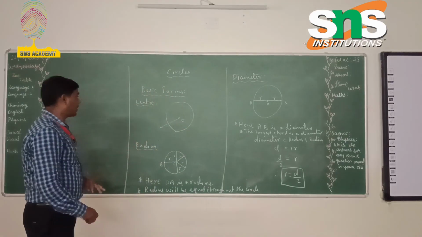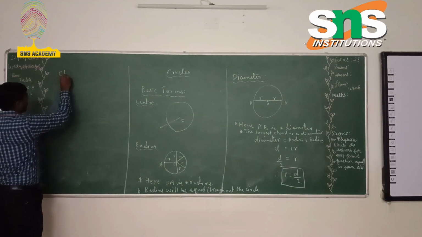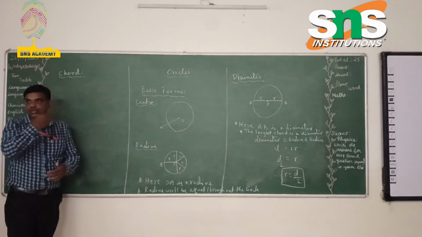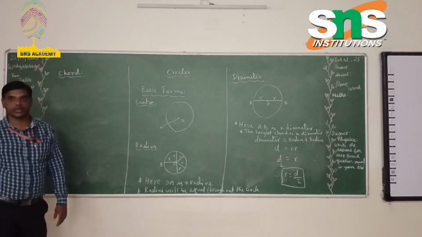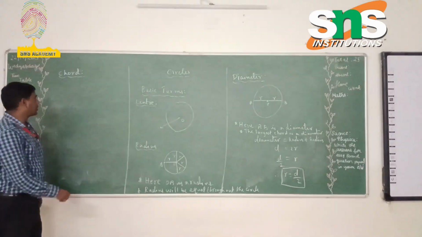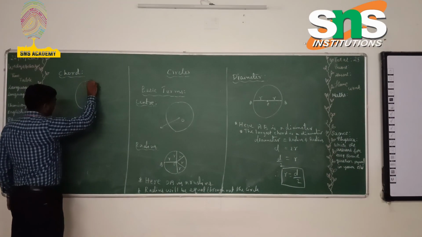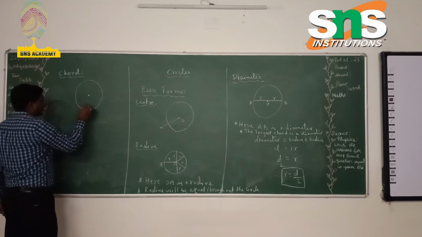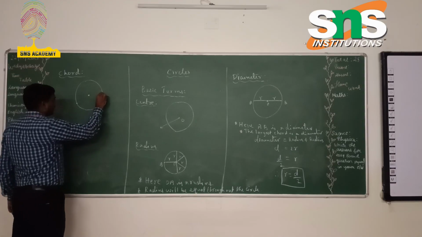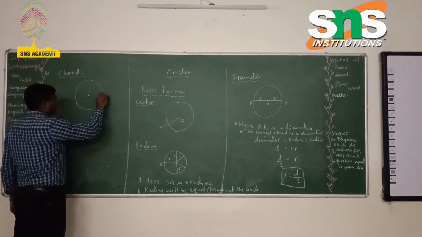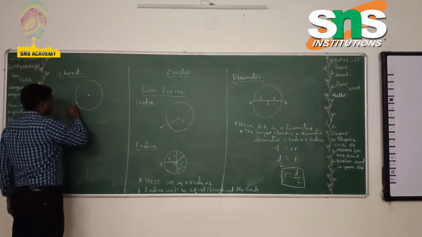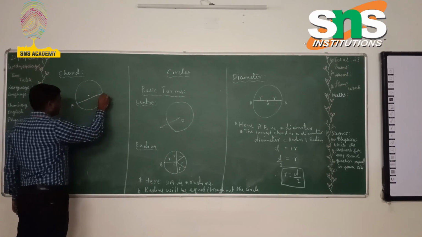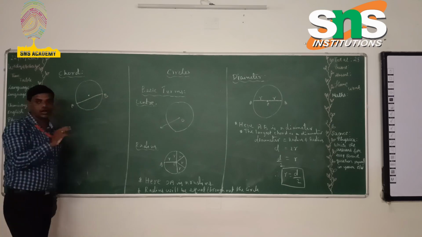Okay, fine. The next one is chord. Based on this chord only, we are going to see the things in this chapter. In the circle, if you are going to join any two points, the points should be on the circle. If you draw the line like this, joining these two points, that is AB, so here AB is called a chord.